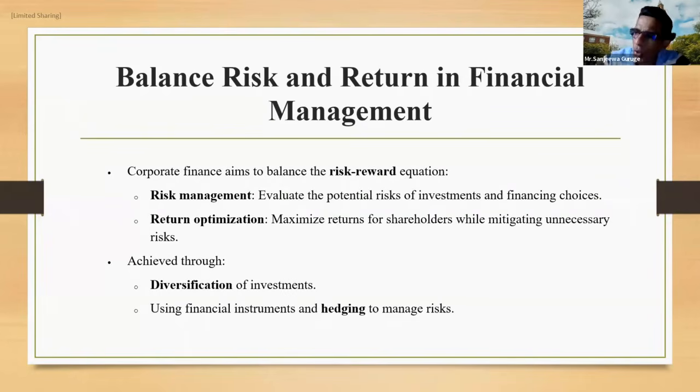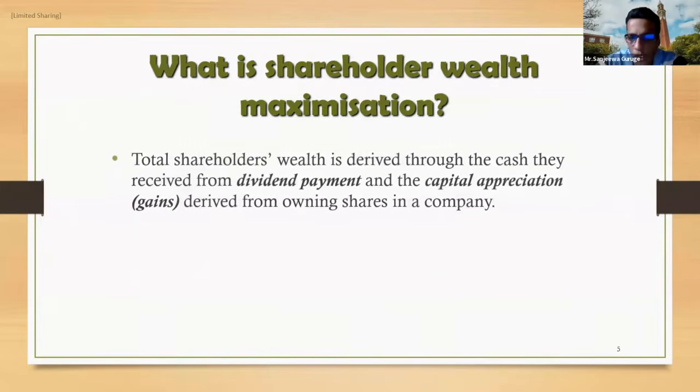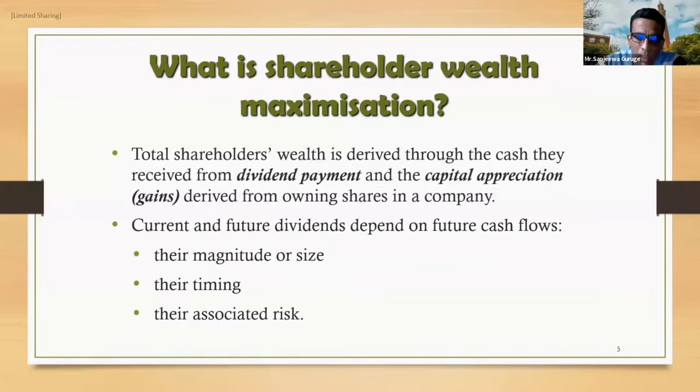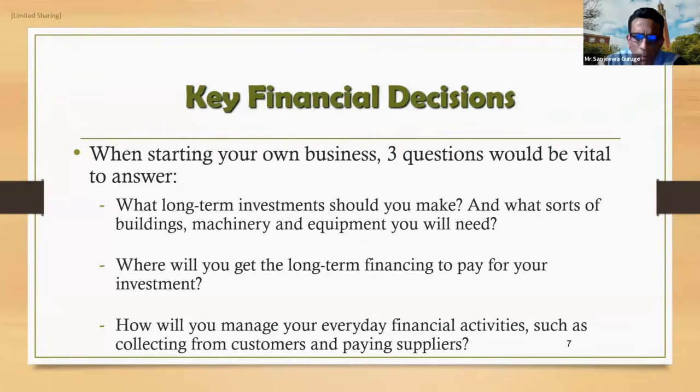Subject to the risk involved, it is necessary to select the best decisions in order to achieve this main objective of shareholders' wealth maximization. You all know several important decisions should be made, and those are the key areas included in this module, right?